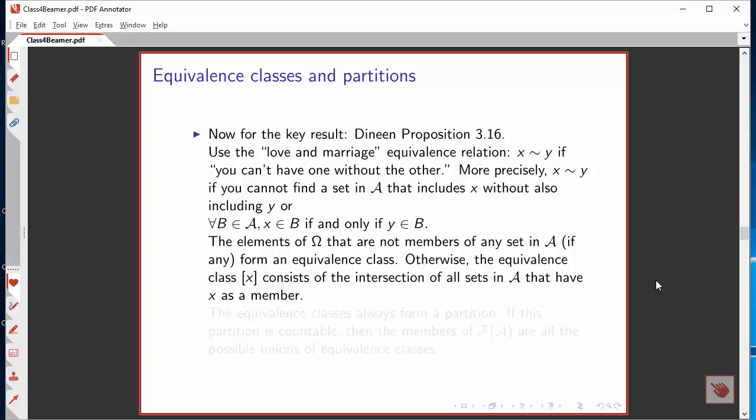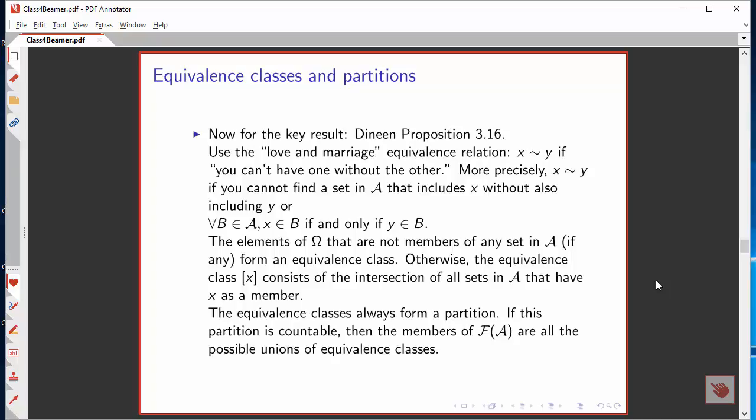Otherwise, if we want to form the equivalence class for some element x, we simply look at all the sets in the collection A that have x as a member and find out which elements they have in common. The elements that always show up when x shows up, and that's the equivalence class consisting of the y's that always go together with x.